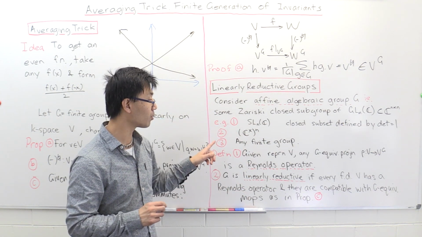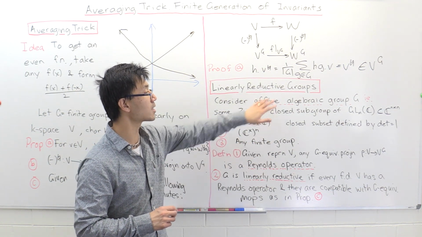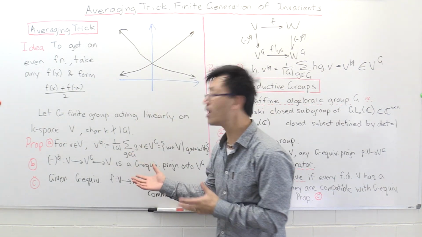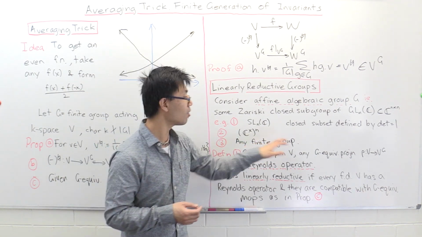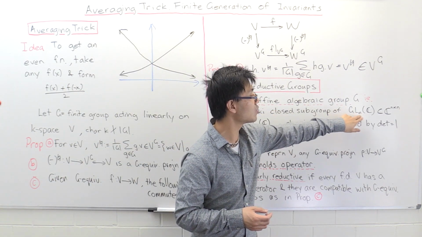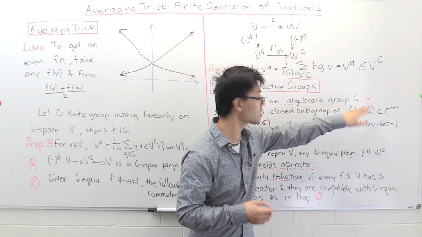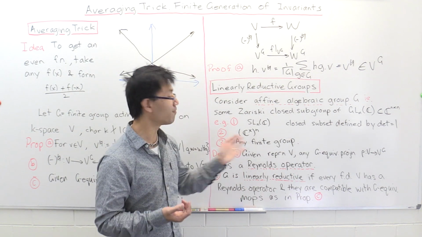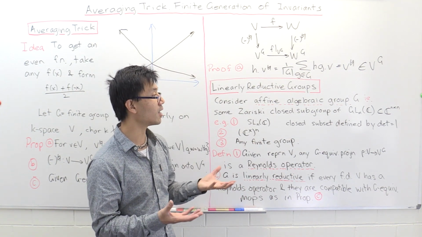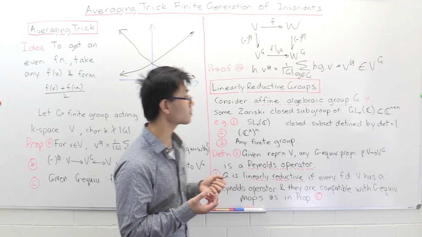So for the third example here, I want to mention that this is going to extend all the notions that we have over here. It also includes every finite group. Now, of course, you have to think about what n you use for this GLNC, so I claim it is a Zariski closed subgroup of GLNC. Now, being finite, any finite set of points inside affine space will be closed.